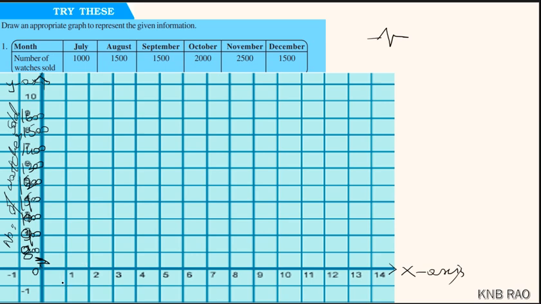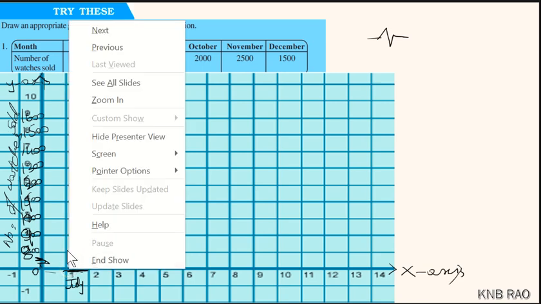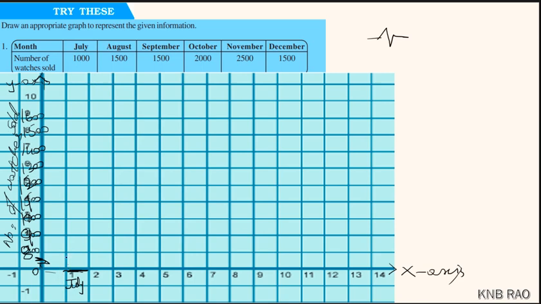In the month of July, I am taking on the x-axis the first cell as a gap, and the second cell to represent the number of watches sold in July. It's 1000, so I can rise up to 1000, this bar.